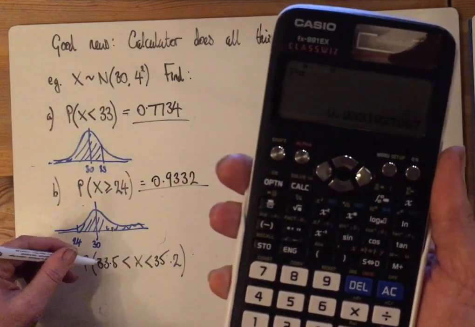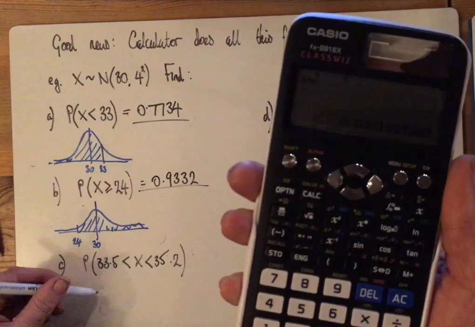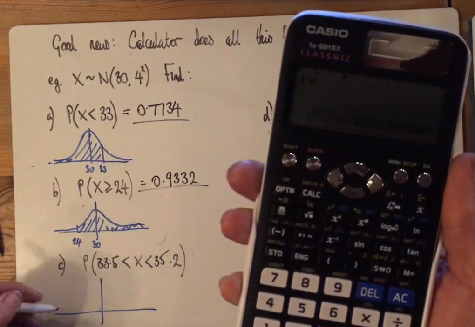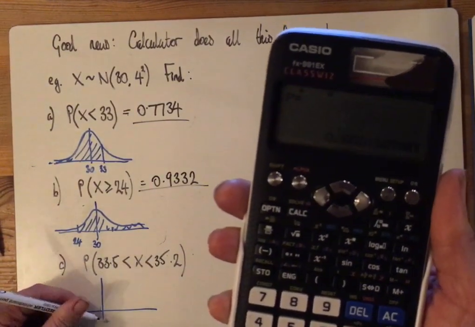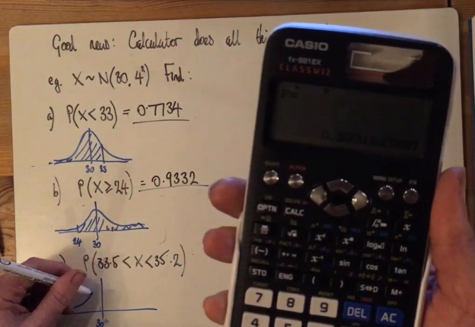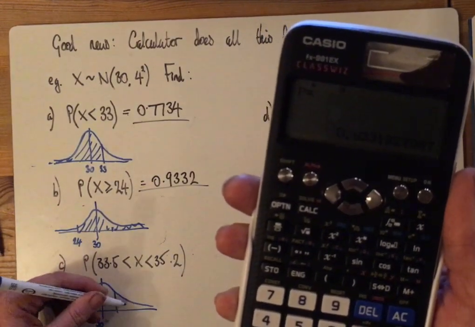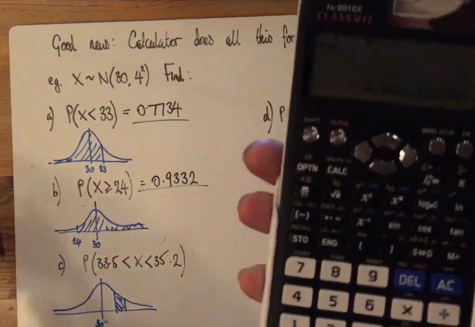The probability of being between 33.5 and 35.2. That's nice and easy.